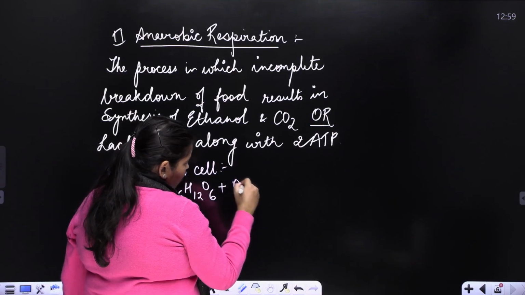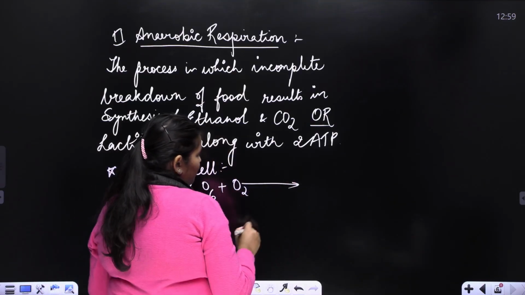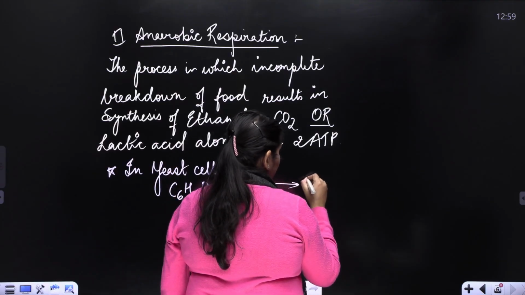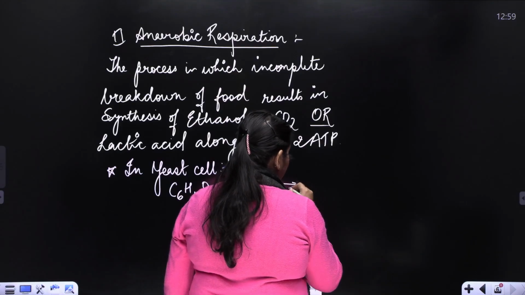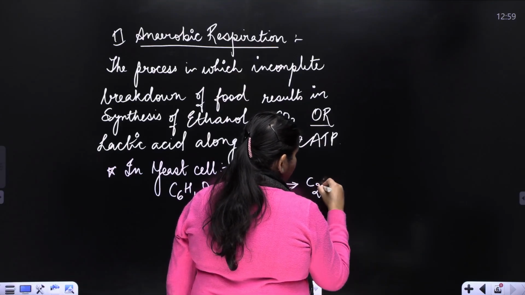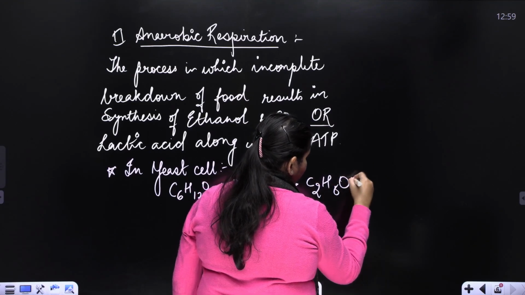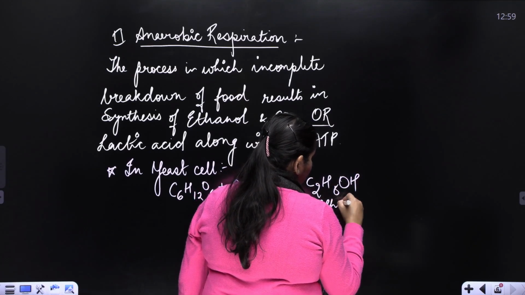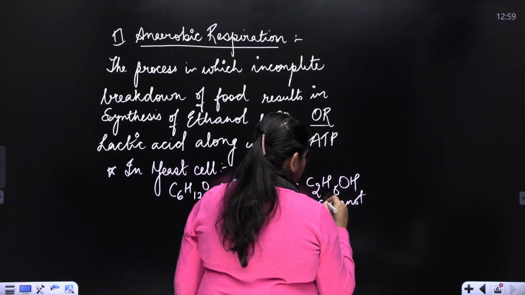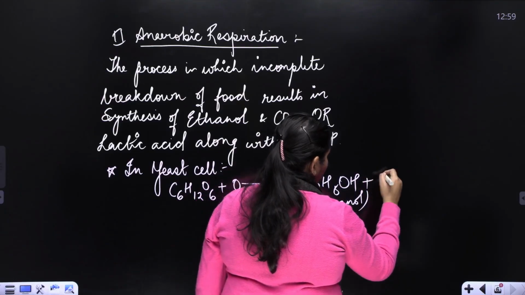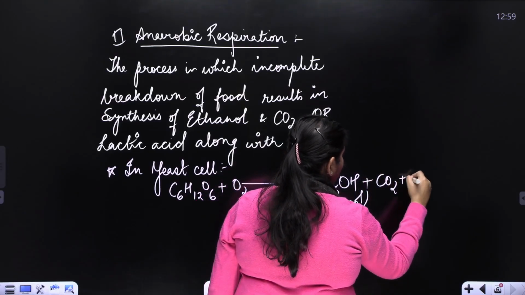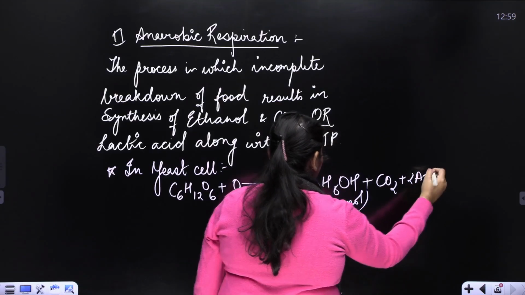C6H12O6 splits up into ethanol, which is C2H5OH, that is ethanol, along with carbon dioxide, along with 2 ATP.